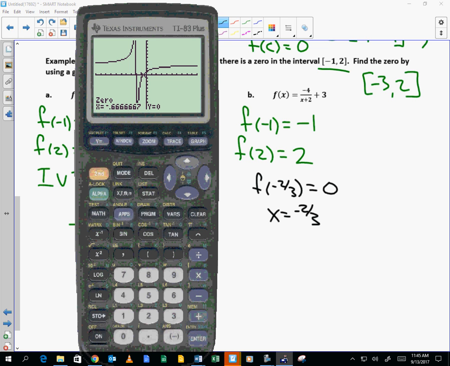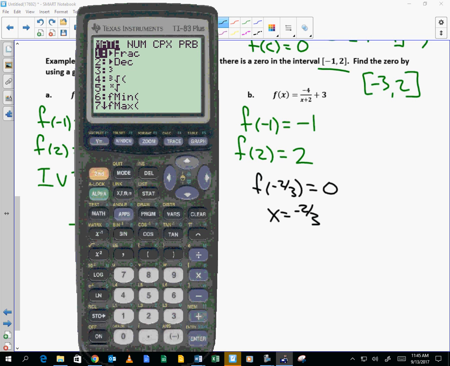So if I have 0.5, and you want to convert that to a fraction, so math, convert to fraction.